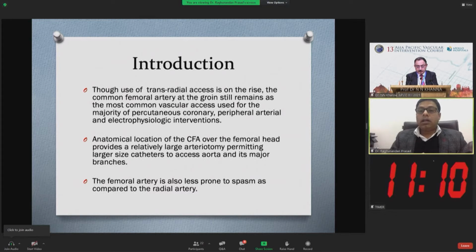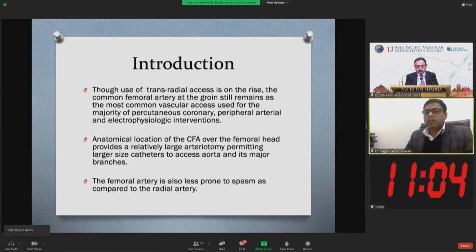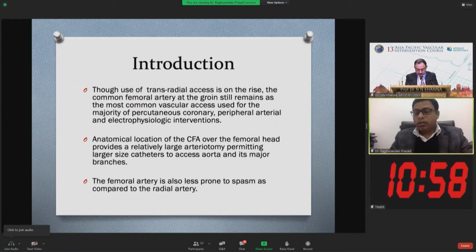Though in recent times the use of transradial access is on the rise, the common femoral artery at the groin still remains the most common vascular access used for the majority of percutaneous coronary, peripheral, and other interventions.